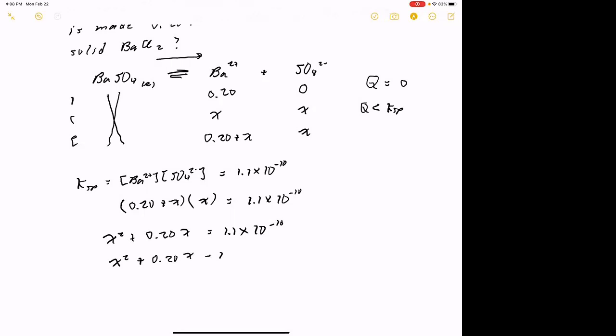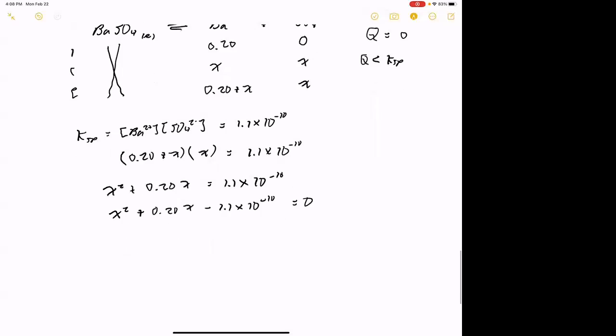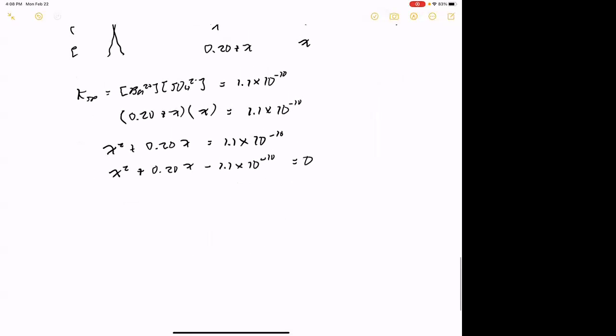And then I say minus 1.1 times 10 to the minus 10th is equal to 0. And then I apply the quadratic equation. Okay, remind me of the quadratic equation, because that's also a 1 there. So that's my A value, that's my B value, that's my C value, right?